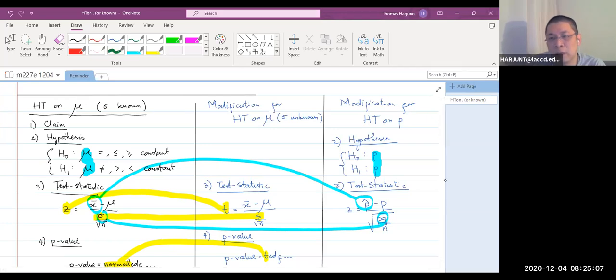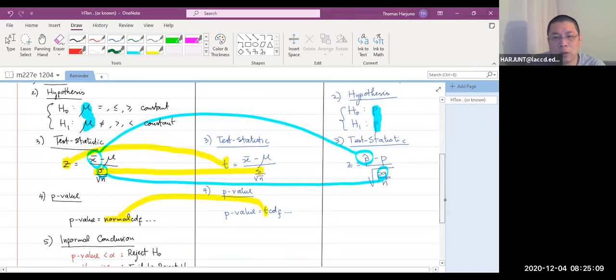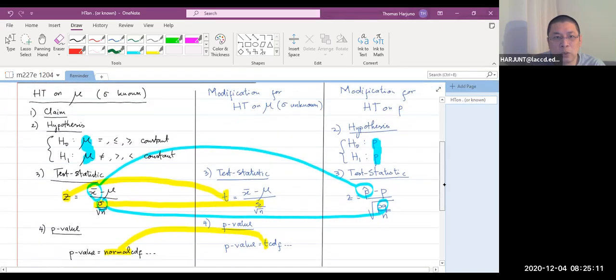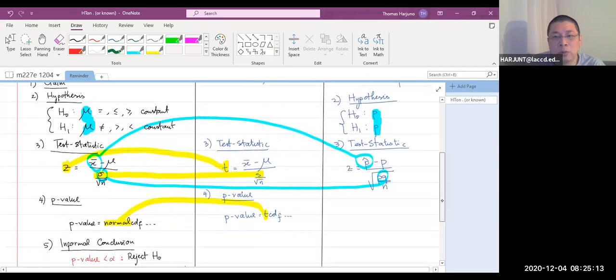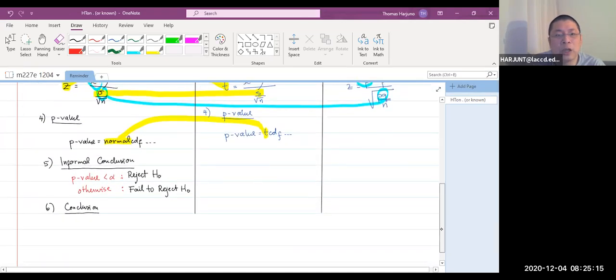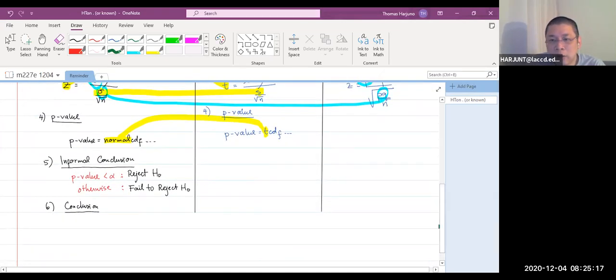And the rest, the p-value, of course, stays with the normal CDF. That's what we have from 2 weeks ago, and sure, you can review that from the lecture 2 weeks ago.